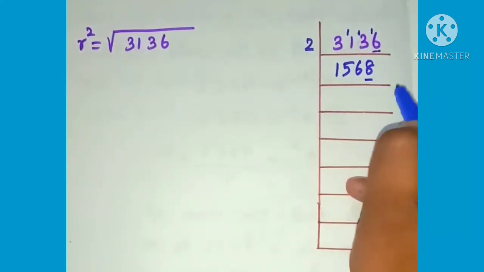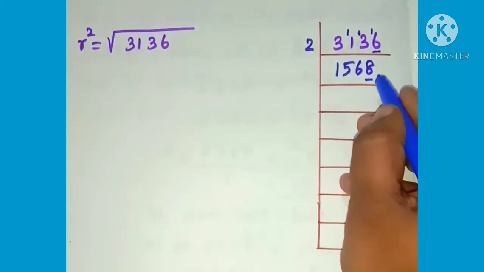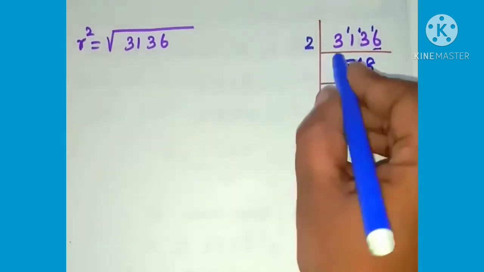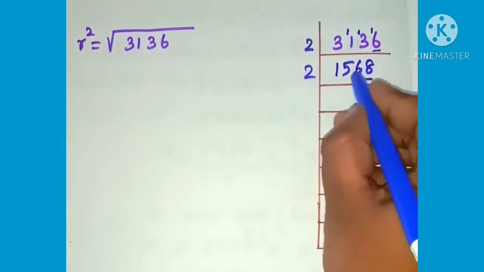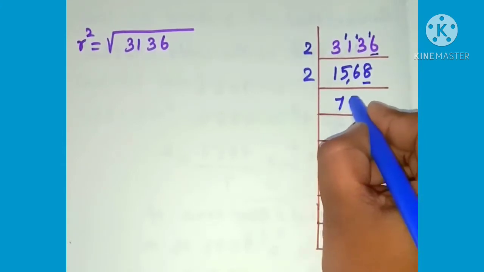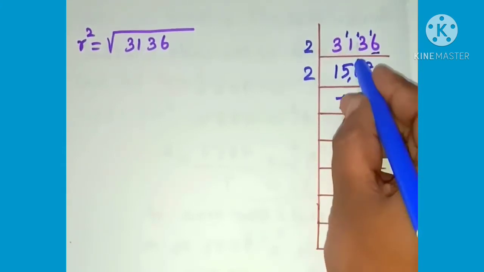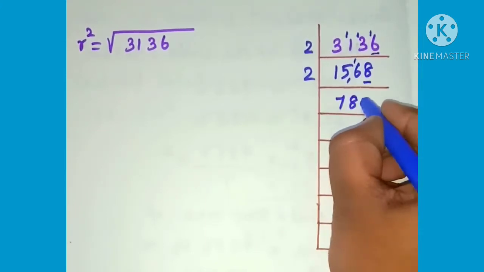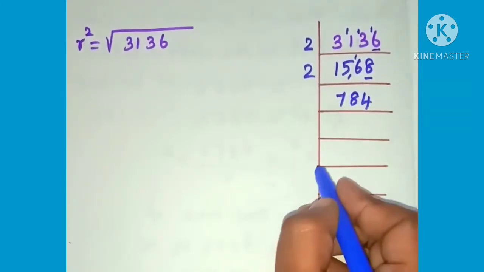So here again the last digit is 8, which is an even number and it is divisible by 2. So again take 2, and here 7, remainder 1 and 8, 4, 784.